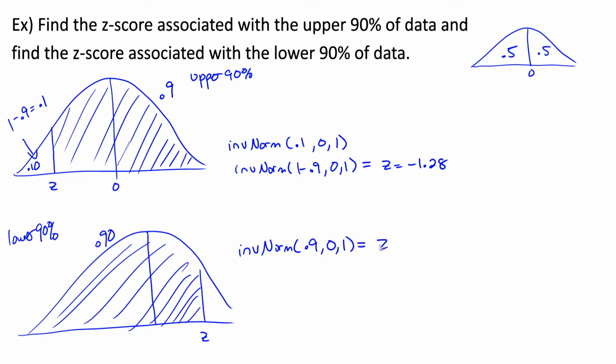And that's going to give us z is equal to positive 1.28 after we round everything. And just note, this is the same z-score that's associated with the upper 10%. So this unshaded area over here was the upper 10%. Just like this unshaded area over here was the lower 10%.